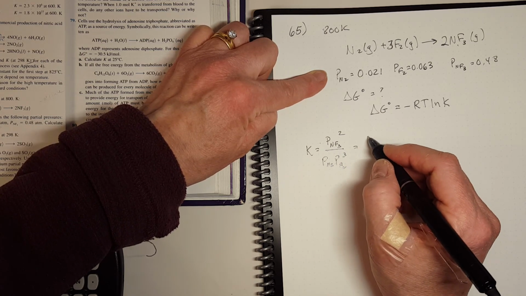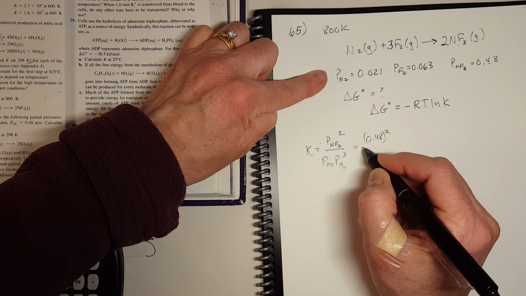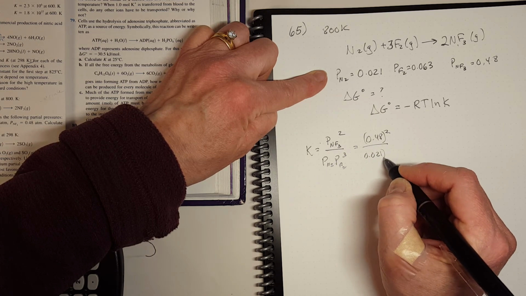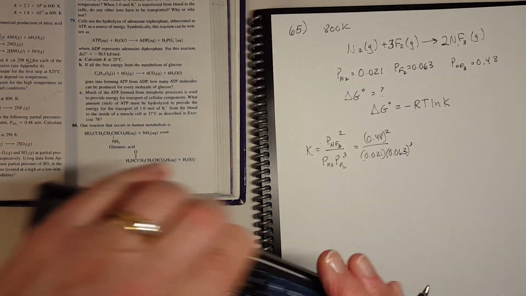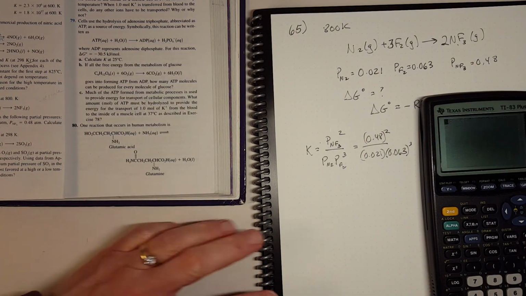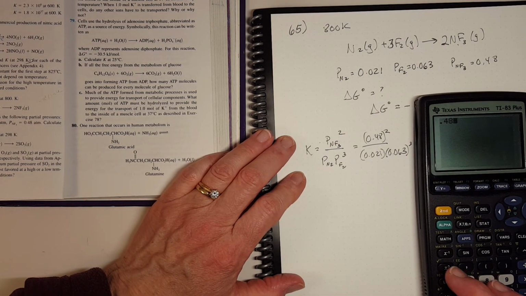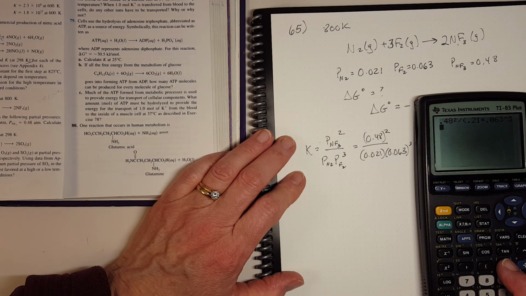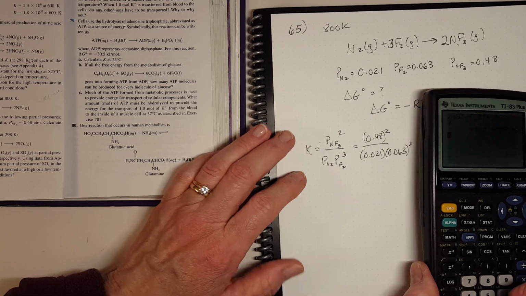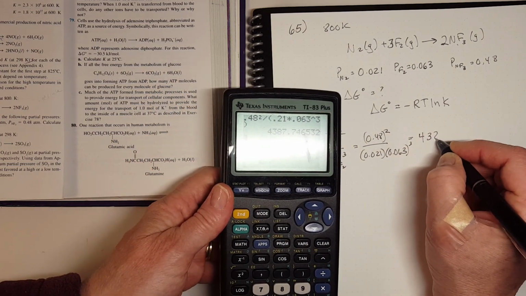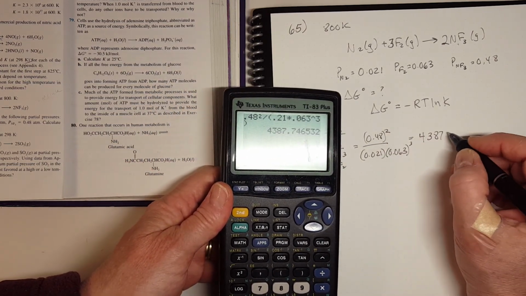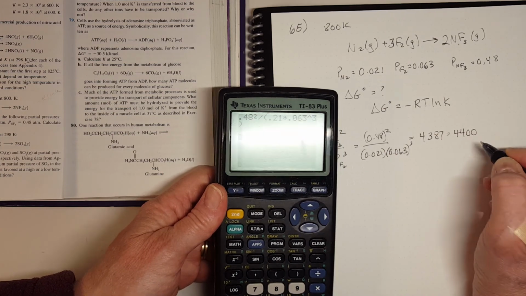And so when I plug those in, I get 0.48 squared over 0.021 times 0.063 cubed. So let's get the K value. So we have 0.48 squared divided by 0.21 times 0.063 raised to the 3. And we get K is equal to 4,387, but since there's only 2 sig figs, that has to go to 4,400. That's our K value.